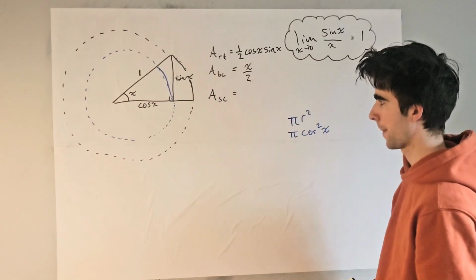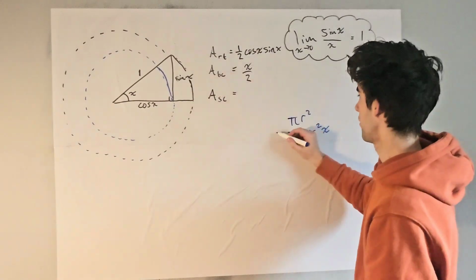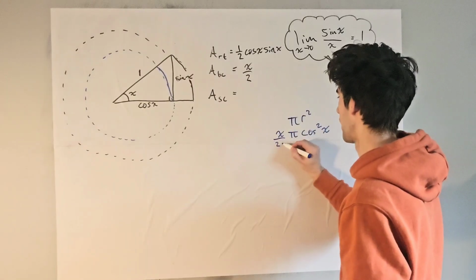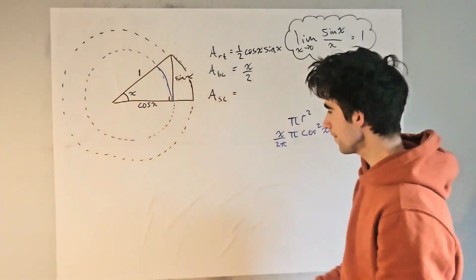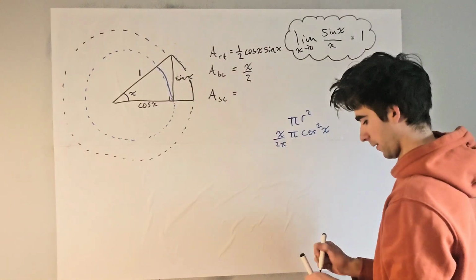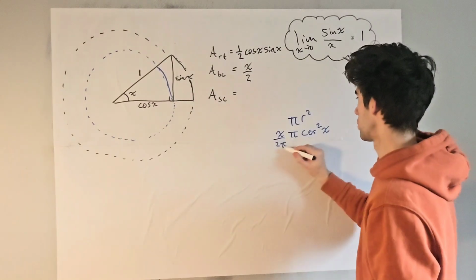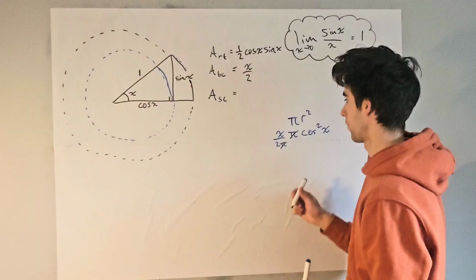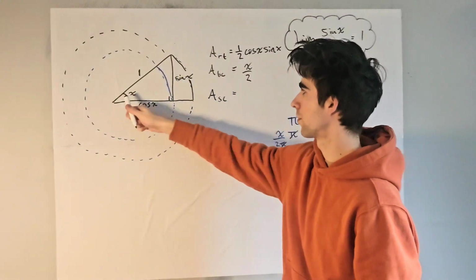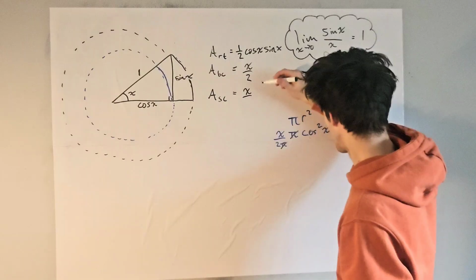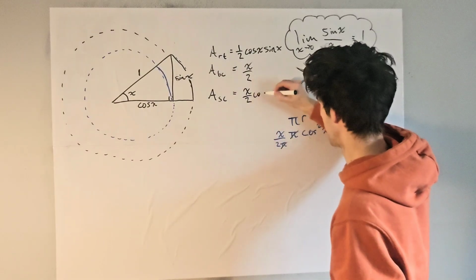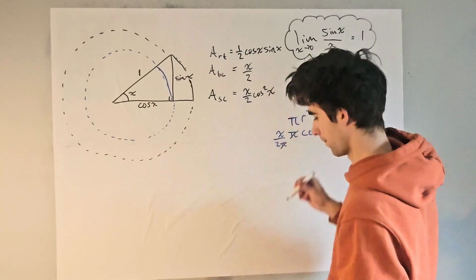And again, we're going to add on that x over 2 pi because we're talking about the segment of that circle. Now, again, pi's cancel out. And we get, for our area of this smaller circle segment, x over 2 times cosine squared x.